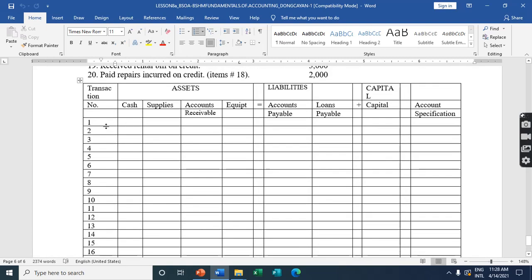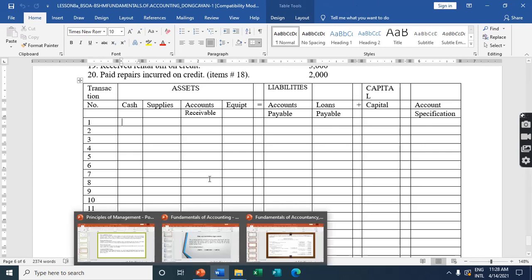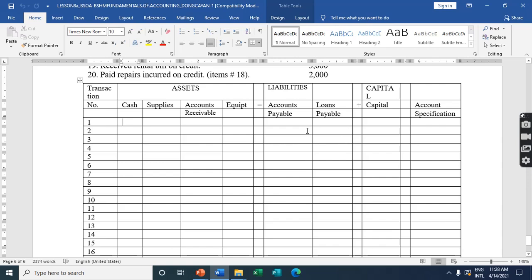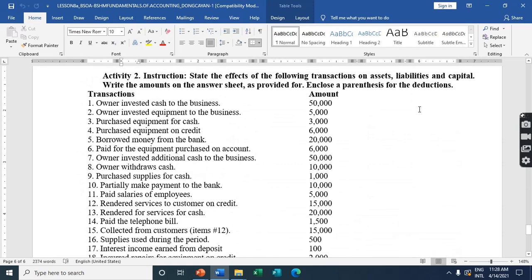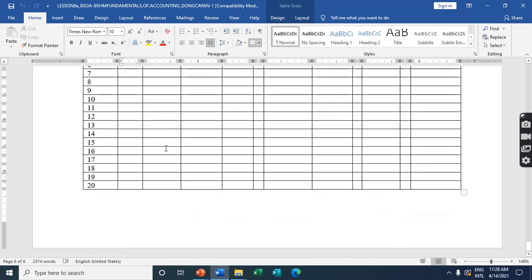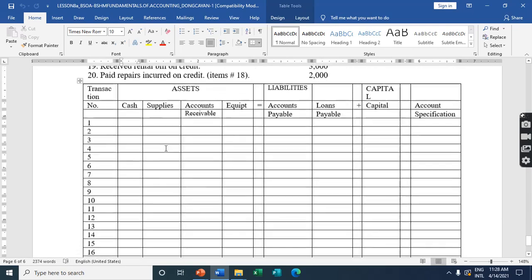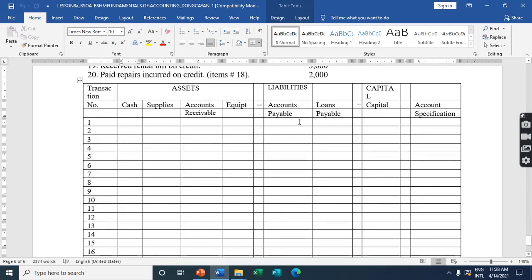So, gaya nung sa requirements natin kanina or sa activity natin kanina dun sa lesson. So, ganito yung gawin ninyo. So, state nyo din kung ano yung account specification niya. Okay? So, dito nyo ilalagay. Dito yung activity answer sheet ninyo.